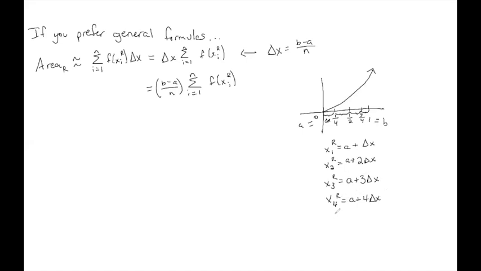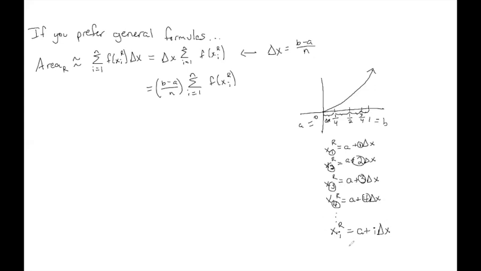So in general, what if I say x sub i? What does that have to be? Well, notice that this number is always the same as this number. So whatever number I plug in on the bottom, I get it next to delta x. And a always stays the same. So this is a plus i delta x.